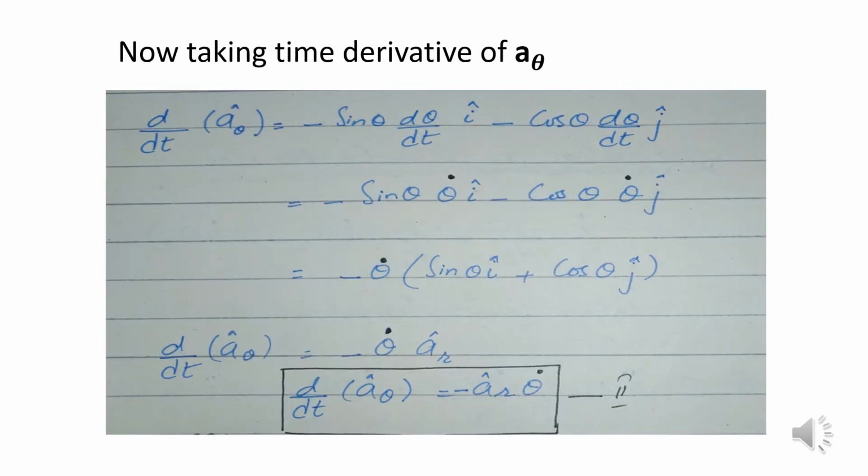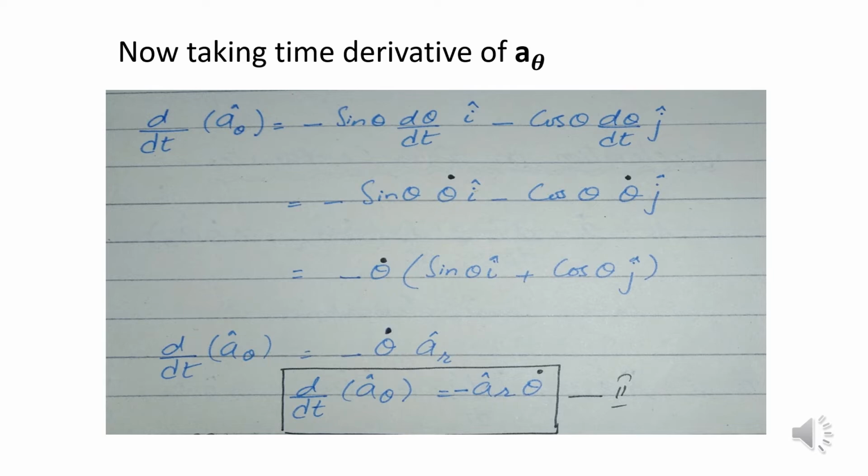Now calculating for the A theta, we will differentiate A theta unit vector using the previous value, and differentiating we get d by dt A theta unit vector is equal to minus sin theta, the derivative for cos, d theta by dt i cap minus cos theta d theta by dt j cap.